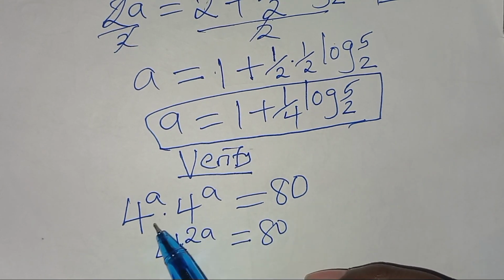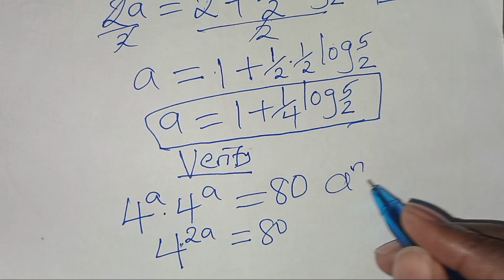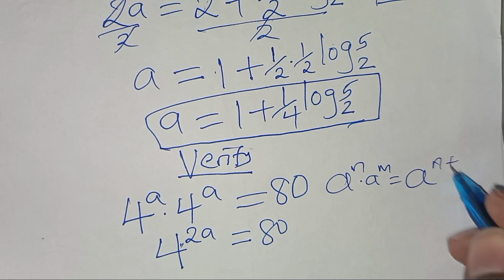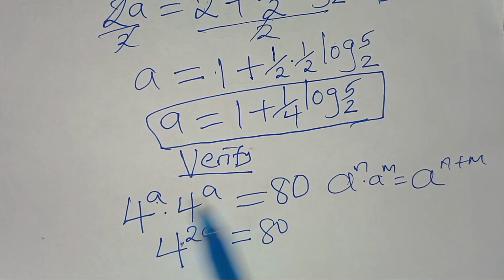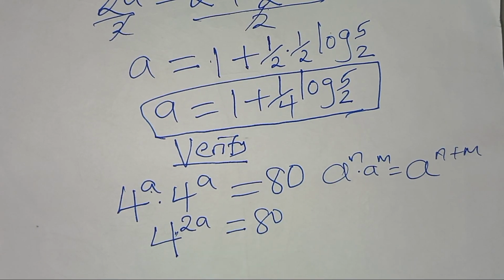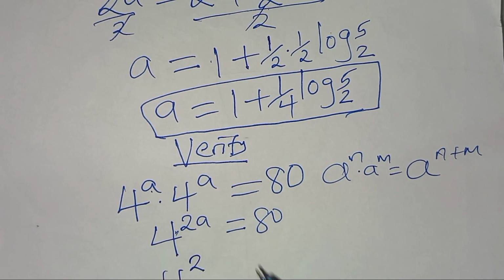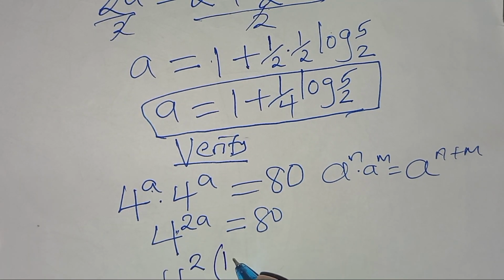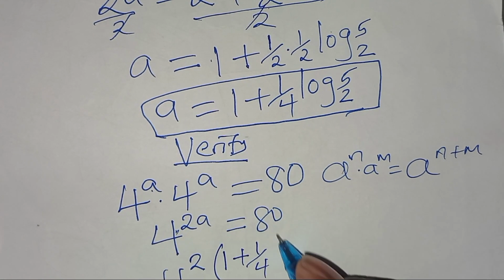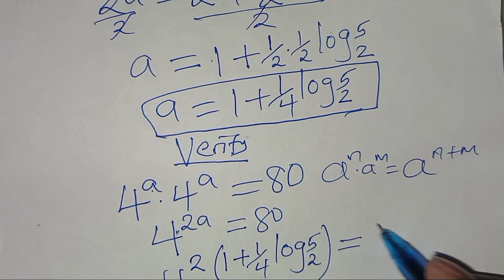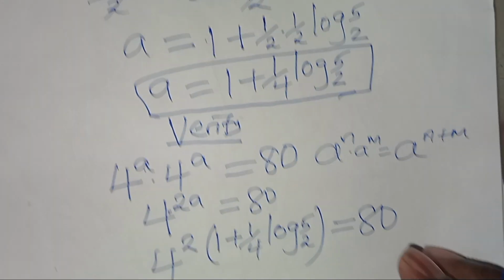This is in the form of a to power n multiplying by a to power m, which you can express as a to power n plus m. So a plus a gives you 2a. Let's substitute the value of a. We'll have 4 to power 2 times a, where a is equal to 1 plus 1 over 4 log 5 to base 2. This should give us a value of 80.